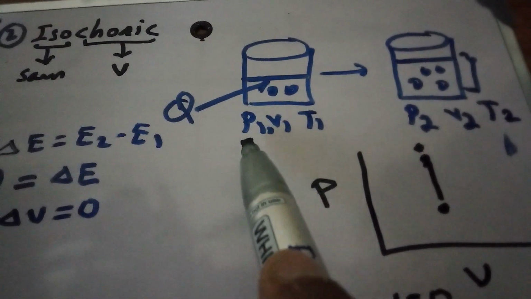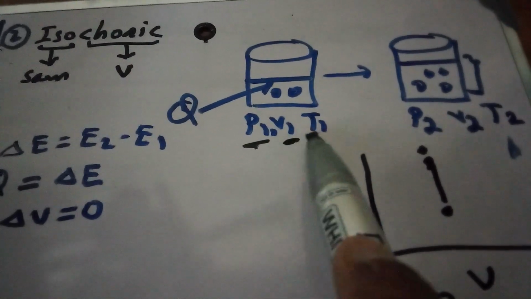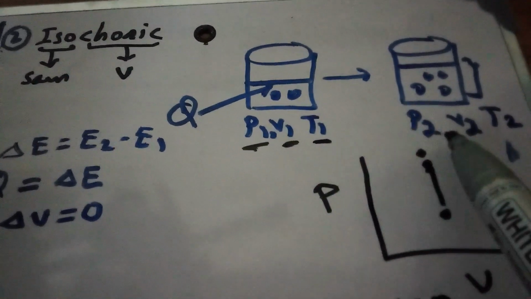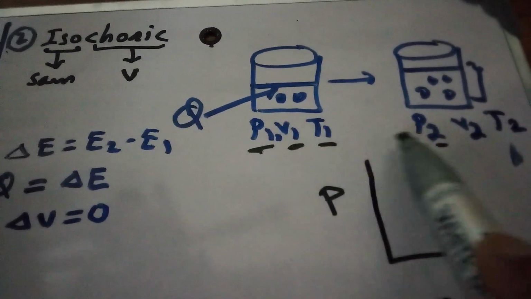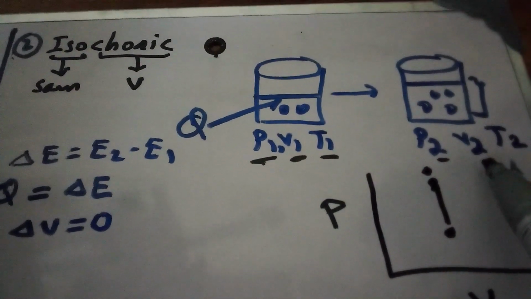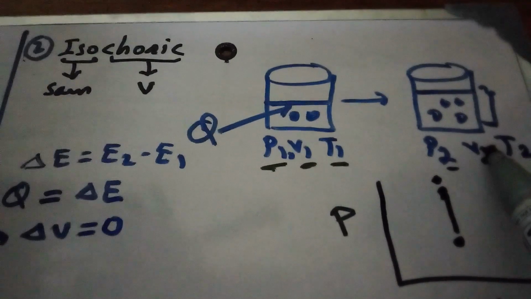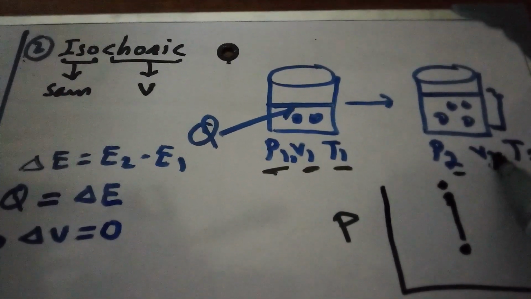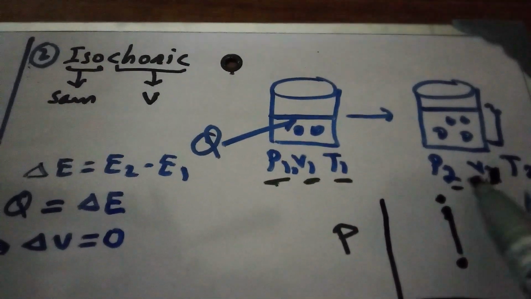If the pressure is P1, the volume is V1 and the temperature is T1, this pressure P1 becomes P2, the volume remains V1, and the temperature becomes T2.